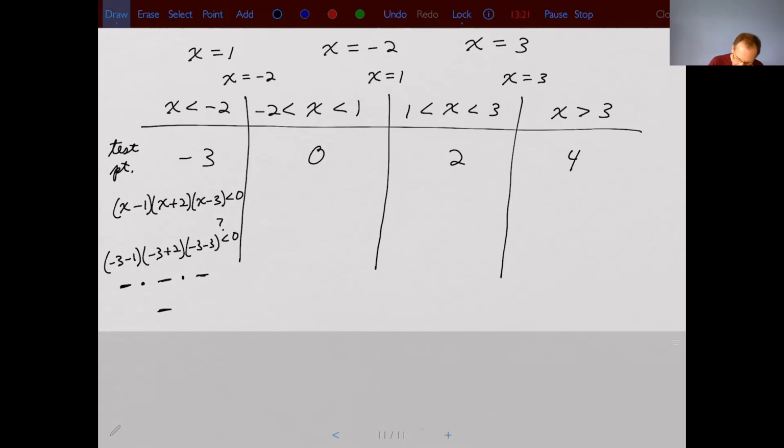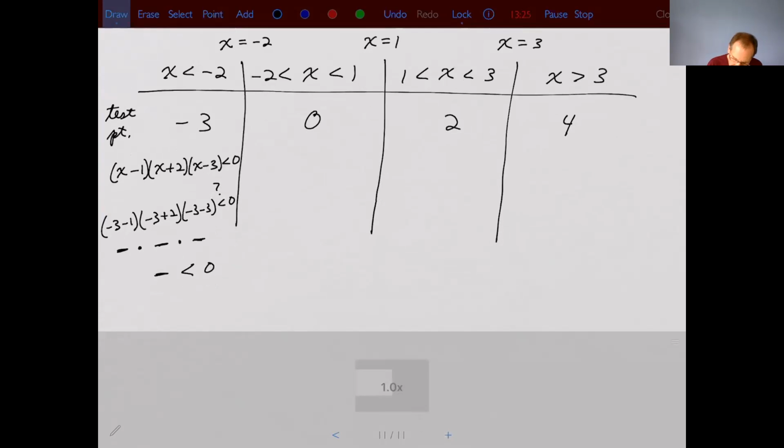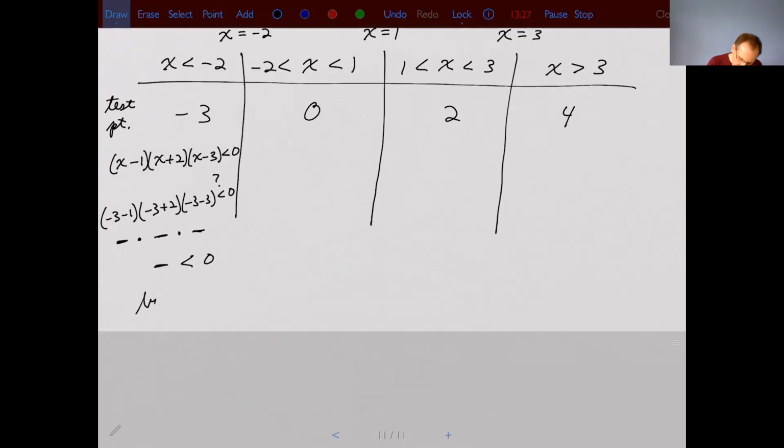Is that less than 0? Yes, that's true. Again, if you want the actual numbers, this would be negative 4 times negative 1 times negative 6, which gives negative 24, and that's less than 0. That's true.